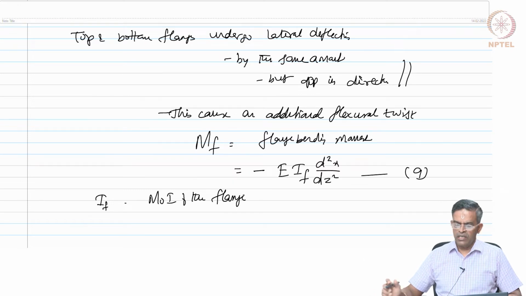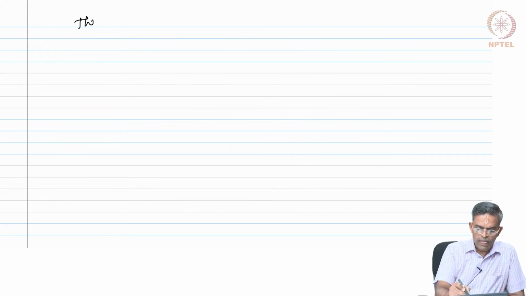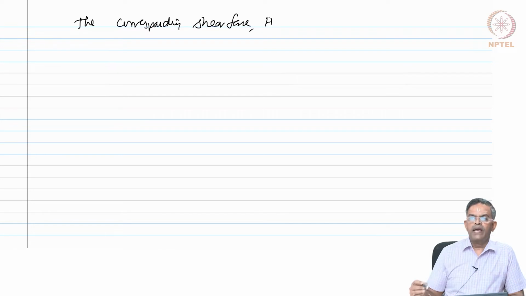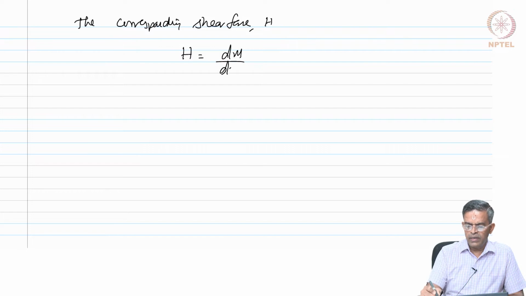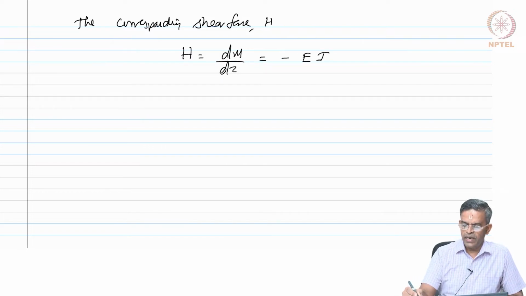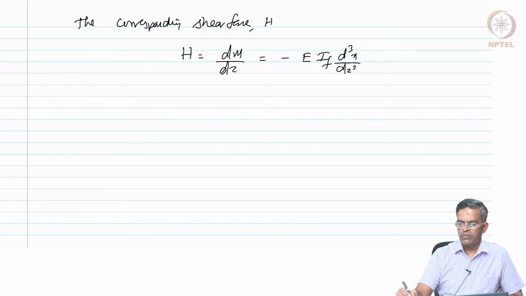Therefore, the corresponding shear force is given by H, which is actually equal to dM by dz, because that is the length of the span, which is minus EIf d cube x by dz cube, equation 10.